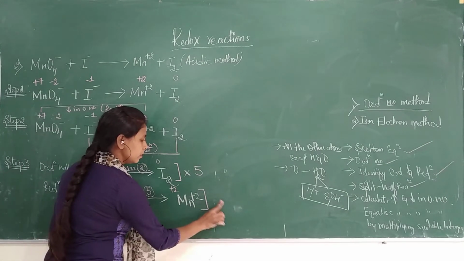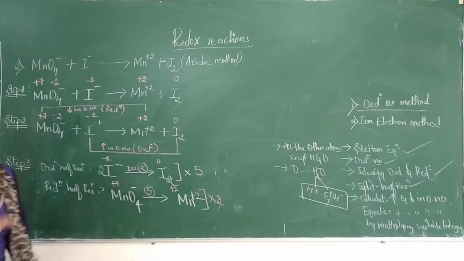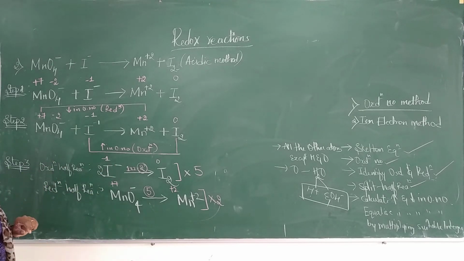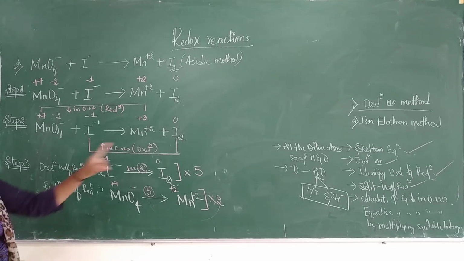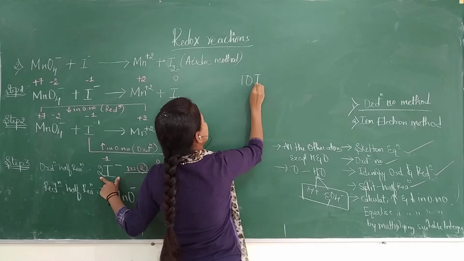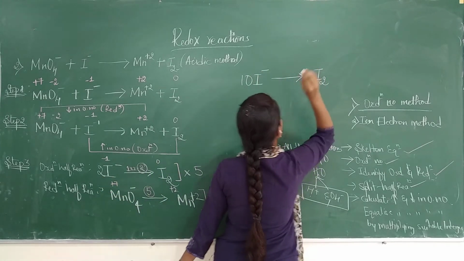And the second equation, multiplying with 2, again it will be 10, because the increase in the oxidation number and the decrease in the oxidation number are always equal in a redox reaction. And as you know, the multiplication is carried out only on the reactant side. 5 into 2I minus, I will write it as 10 iodide, which gives I2.